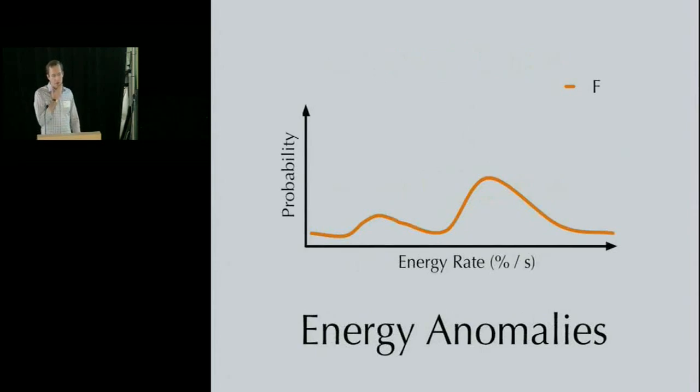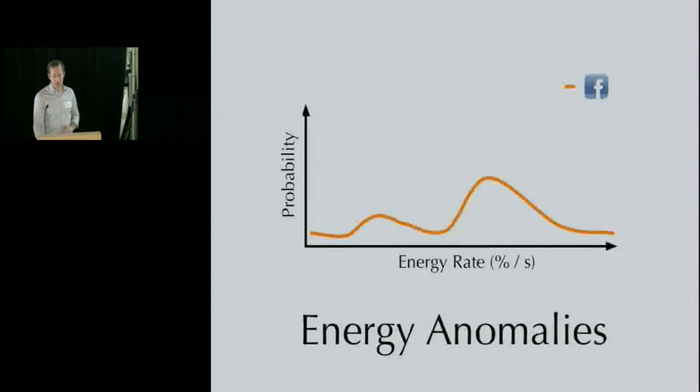So from these, we can build probability distributions, these conditional distributions of energy drain. Just to be clear, this is the probability distribution, and to be concrete about it, let's say that this feature vector is devices that are running Facebook. So this is going to be the distribution of energy drain when users are running the Facebook app. One way that we can characterize this distribution is by comparing it with other distributions.